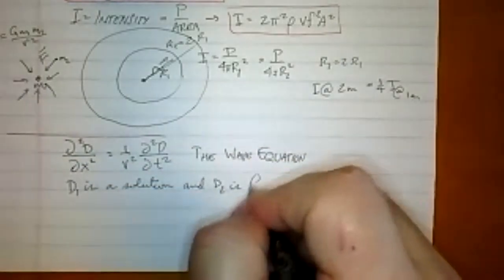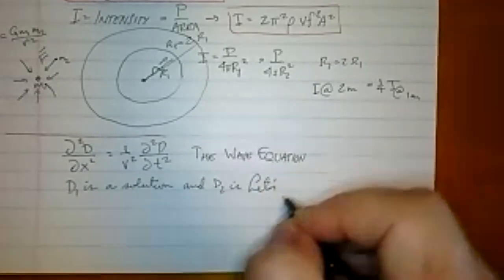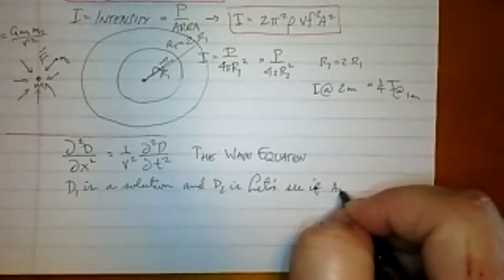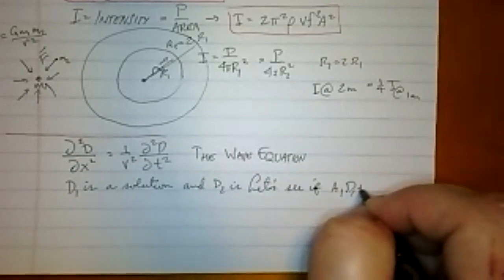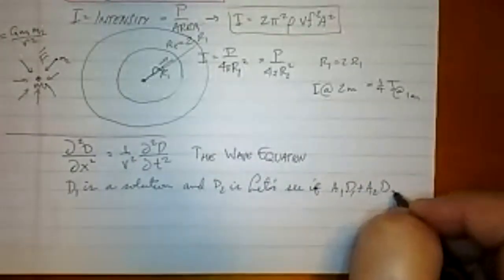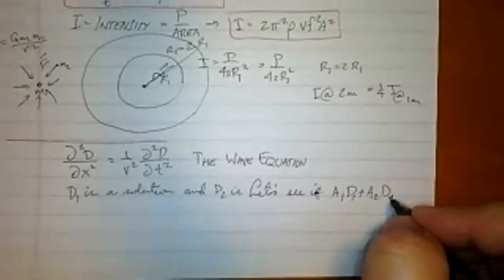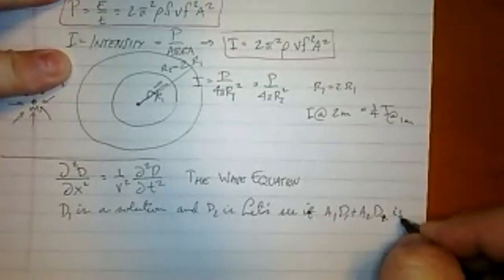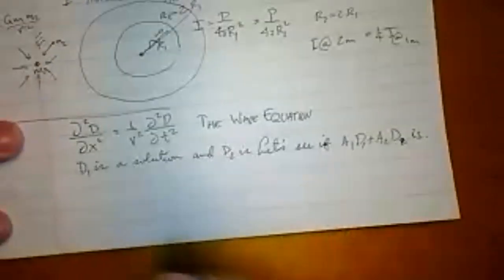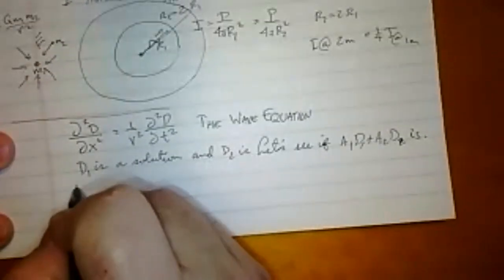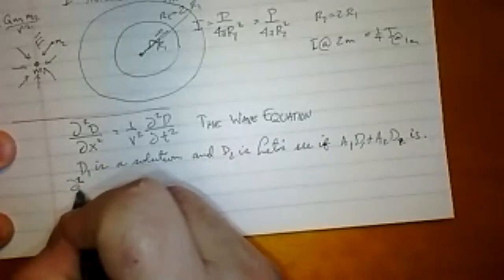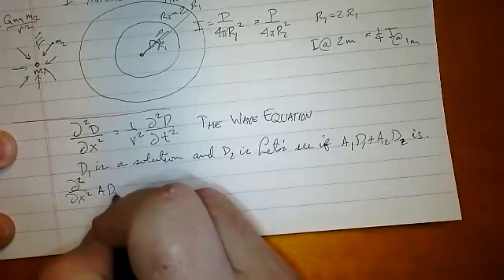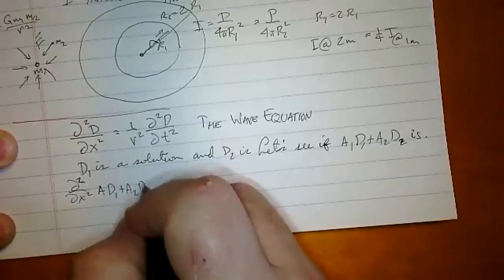So let's see if A1 D1 plus A2 D2 is. Okay, so what I'm going to do is take the second derivative with respect to x squared of A1 D1 plus A2 D2.